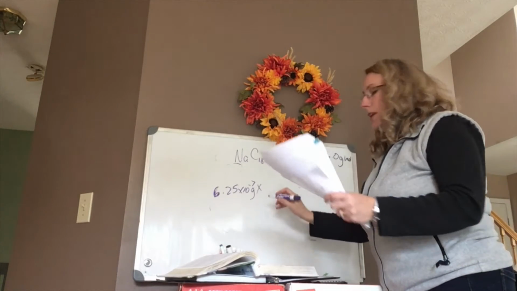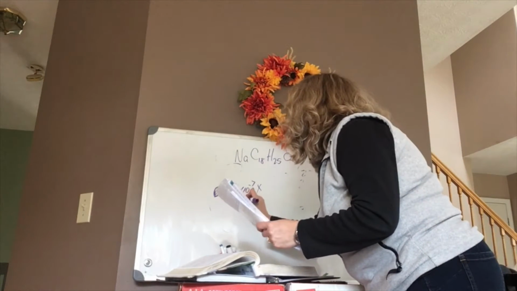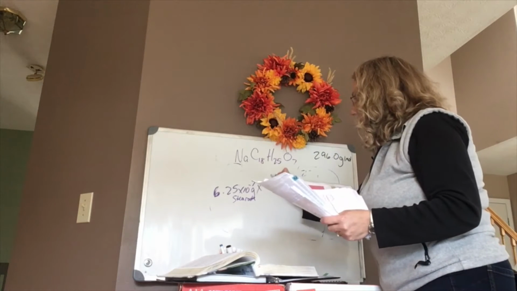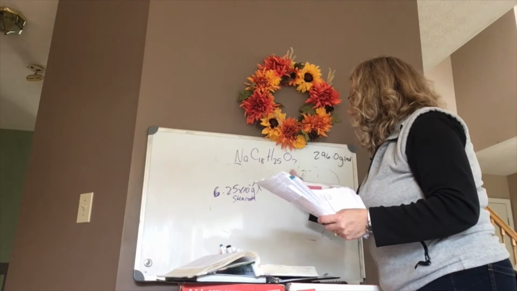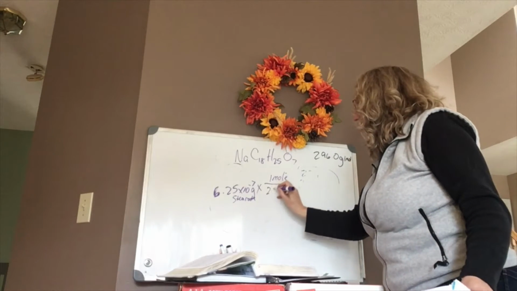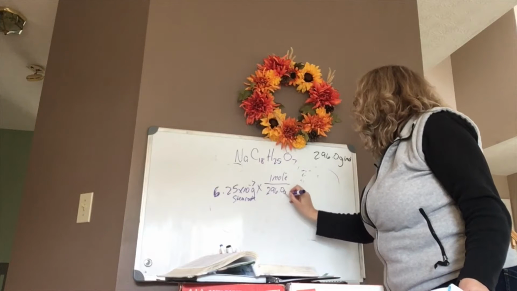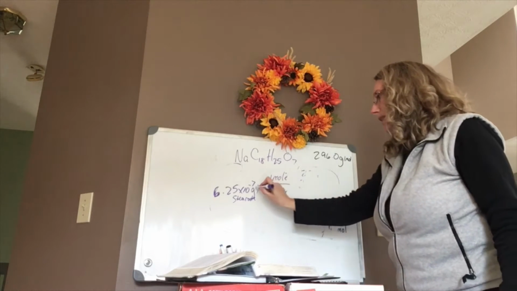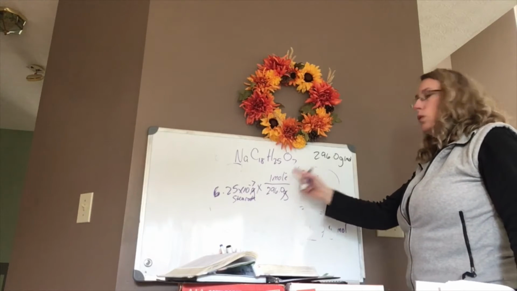So I'm going to change that grams of stearate. I'm going to multiply that by, in 1 mole of stearate, there is 296.0 grams in 1 mole. So the reason I'm doing this is so I can get rid of my grams and go to moles.